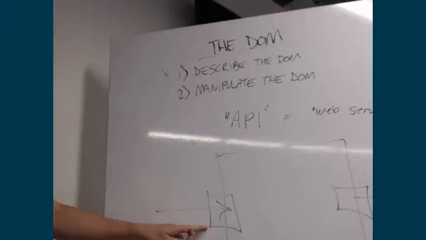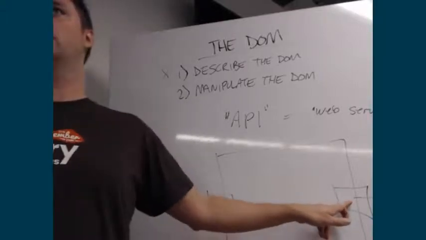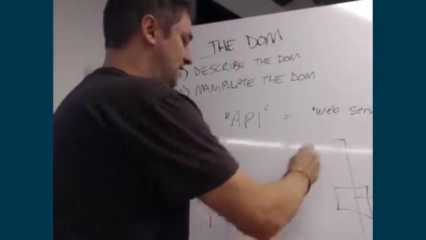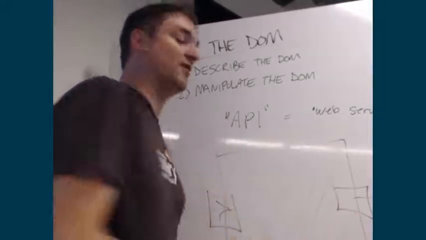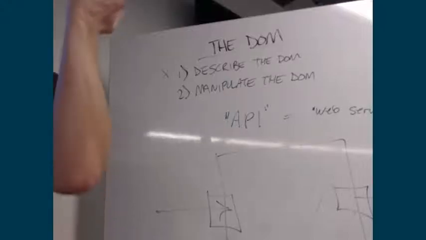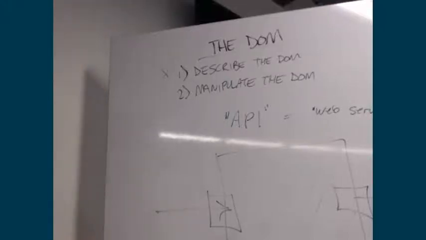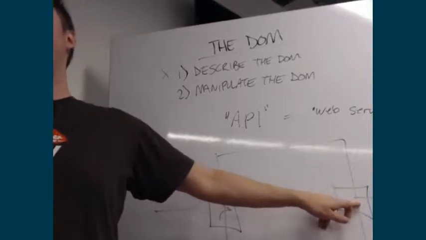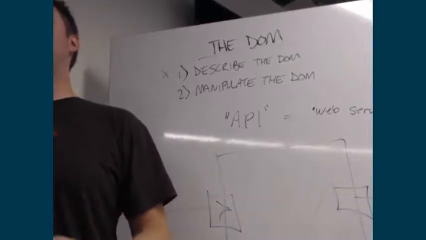So what comes in, what comes out. All the rest of this is a black box. We don't know how the implementation of document.createNode works. Doesn't matter. All I need to know is that when I call it and give it this thing, I get this thing back. That's its API.